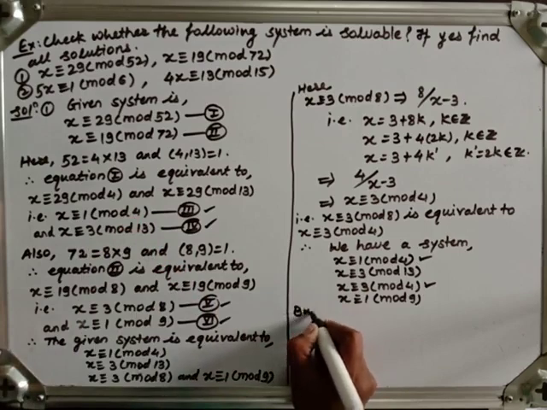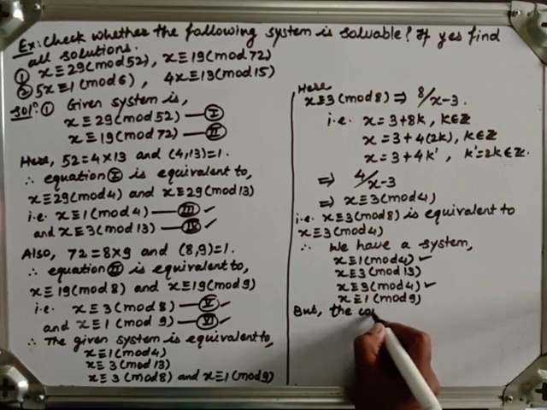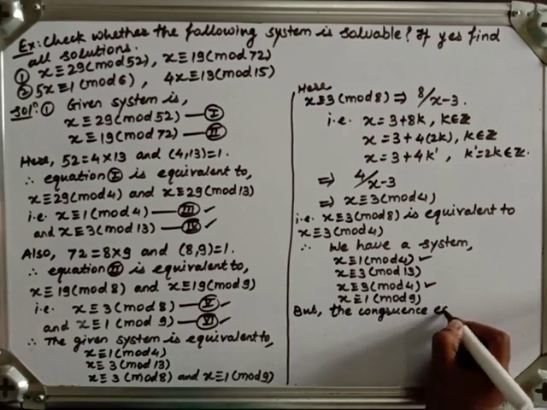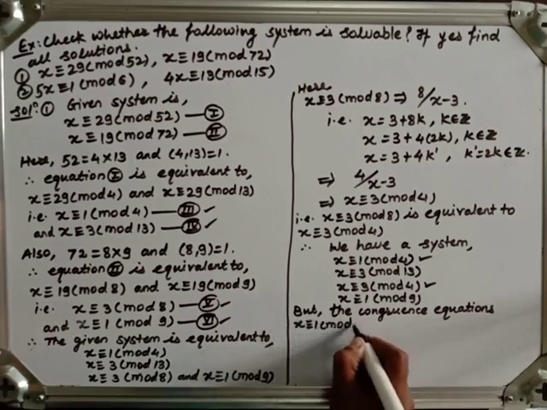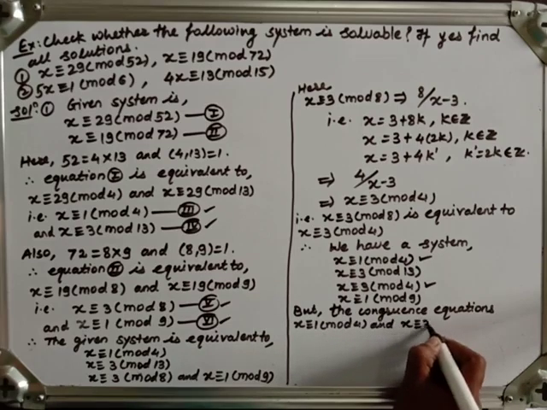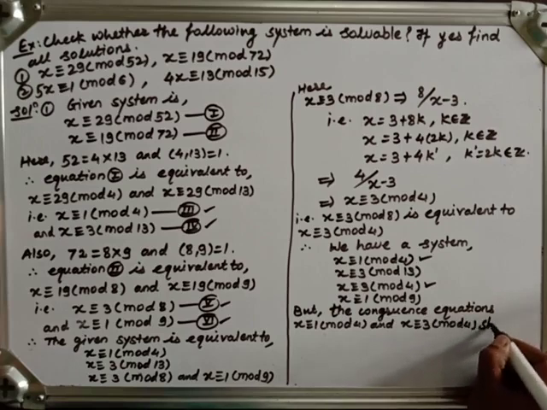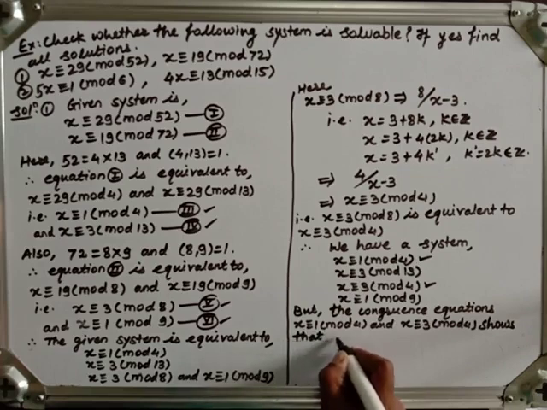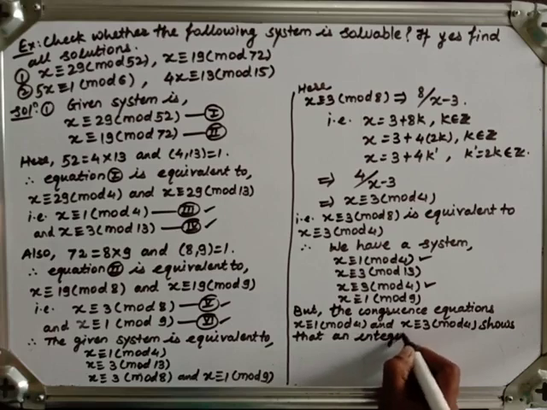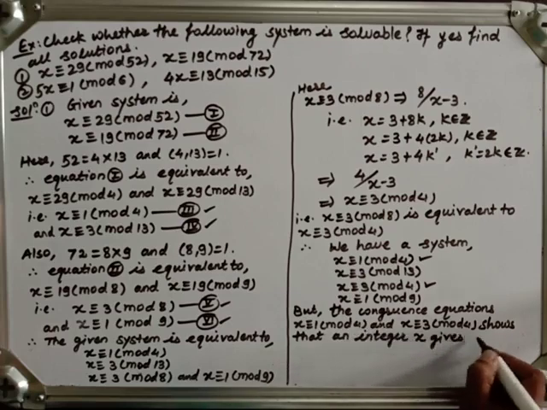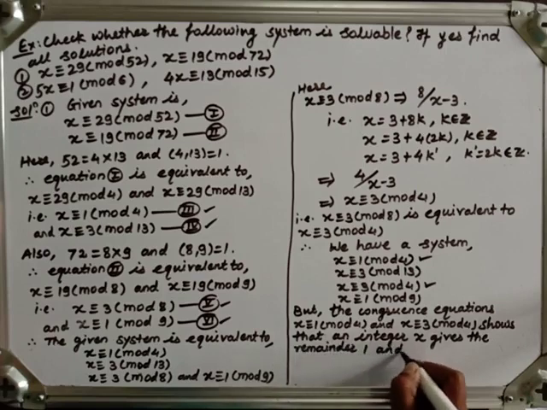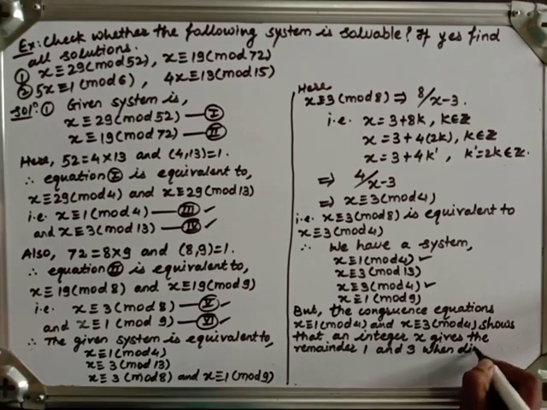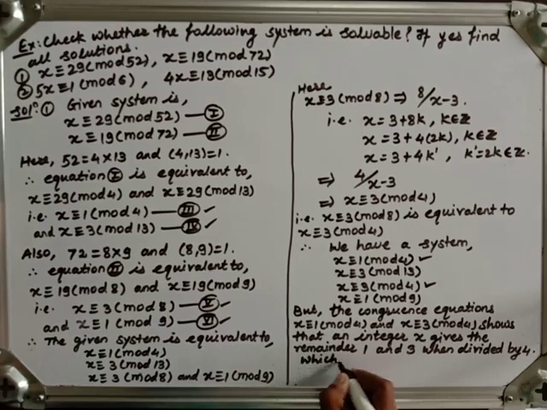So here we will write that part. The congruence equations x congruent to 1 modulo 4 and x congruent to 3 modulo 4 show that an integer x gives the remainder 1 and 3 when divided by 4, which is impossible.